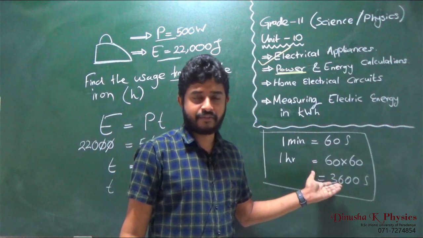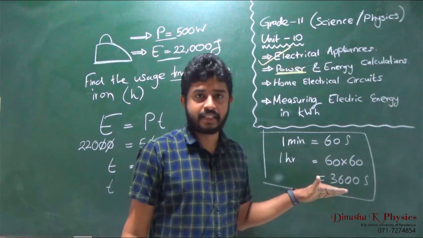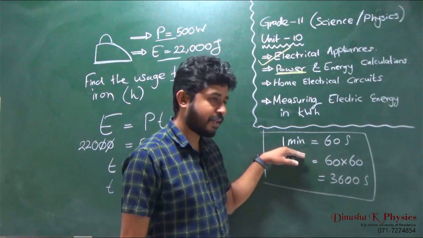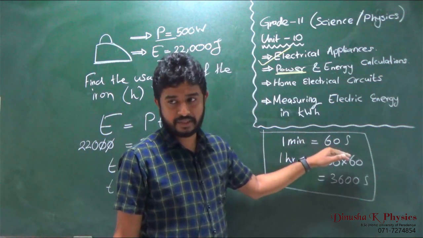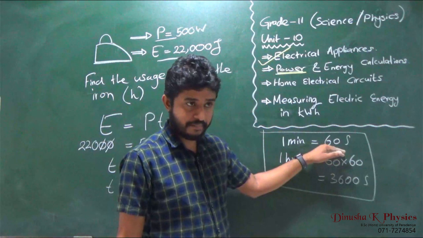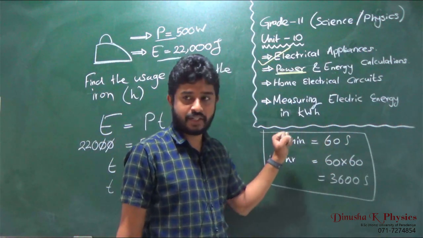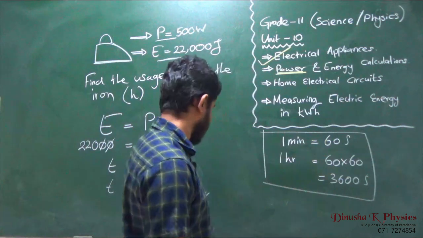If you are going to convert seconds to hours, you have to divide by 3600. If you are going to convert minutes to seconds, you have to multiply by 60, and if you are going to convert seconds to minutes, you have to divide by 60, right? Okay.